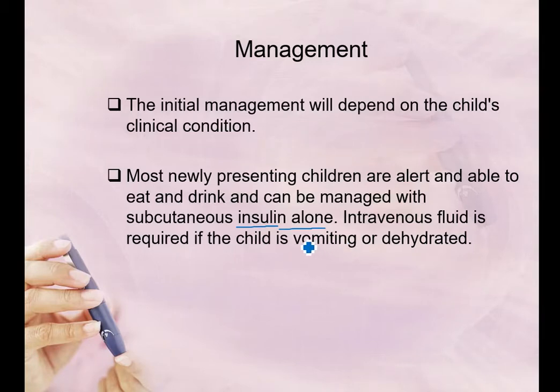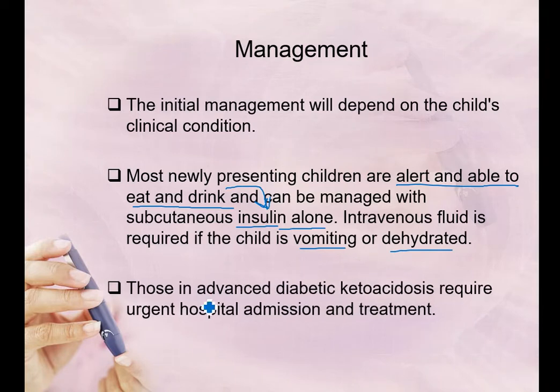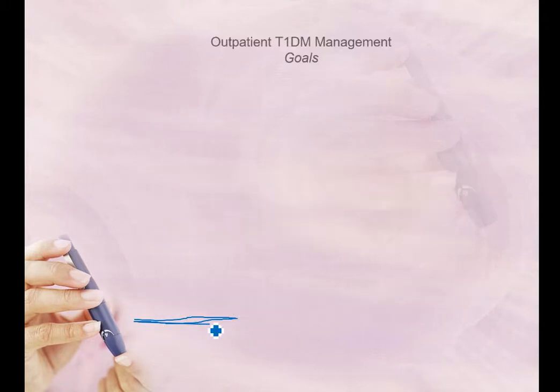So when the child is alert, able to eat and drink and has good activity, we can manage with subcutaneous insulin only, not with oral hypoglycemic agents, because type 1 is due to insulin deficiency, not insulin resistance. Intravenous fluid is only required if the child has repeated vomiting and dehydration. Those in advanced diabetic ketoacidosis require urgent hospital admission and treatment.